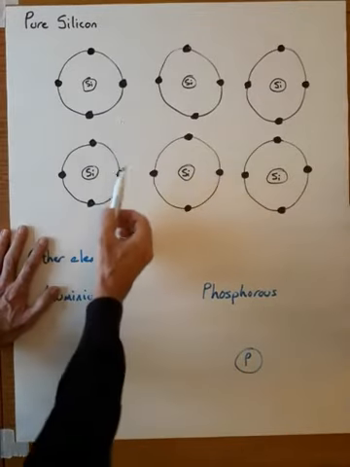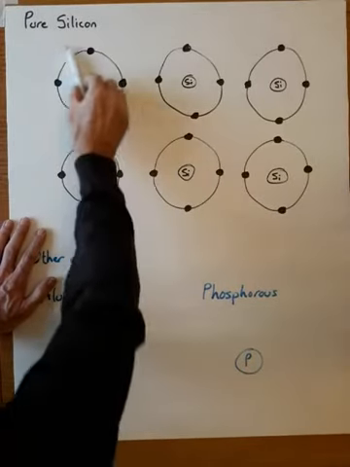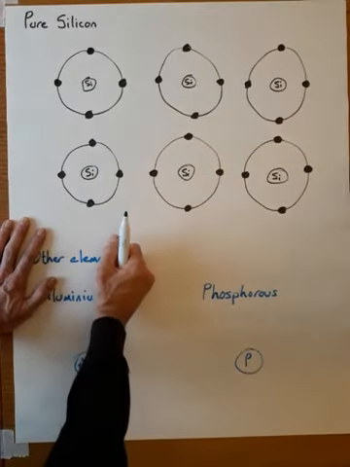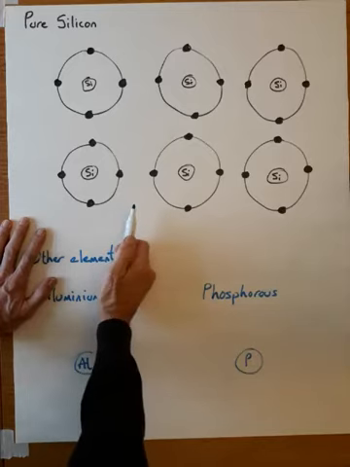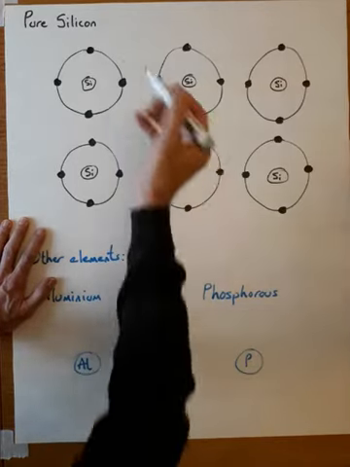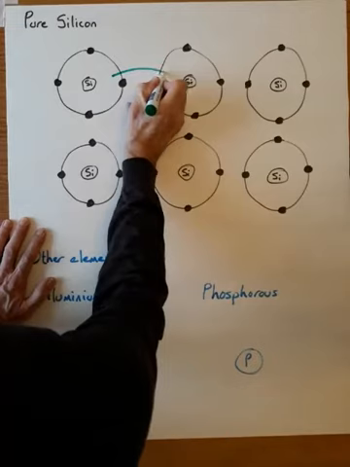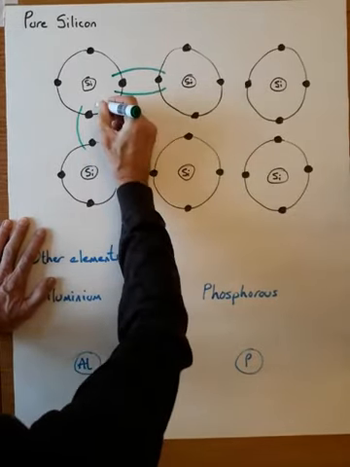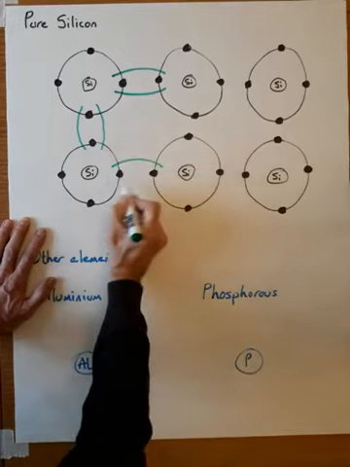If we consider pure silicon, and this diagram represents just the outer shell electrons, then silicon does something that isn't too unusual in the world of chemistry and physics. Basically, it shares electrons with its neighboring atoms.